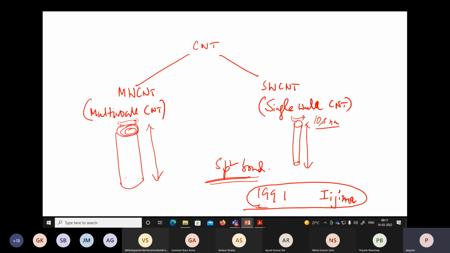So it has various applications which people concentrated on rather than replacing silicon. People have also developed carbon nanotube based FETs, which we will discuss in tomorrow's class. But still we are not close to replacing silicon, because the fabrication is not easy.